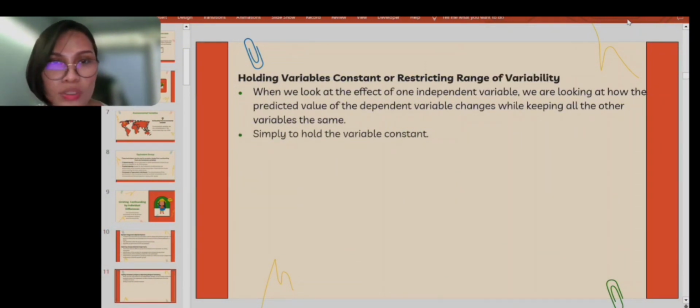So next is yung holding variables constant or restricting range of variables. So when we look at the effect of one independent variable, we are looking at how the predicted value of the dependent variable changes while keeping all other variables the same, or simply hold the variable constant.